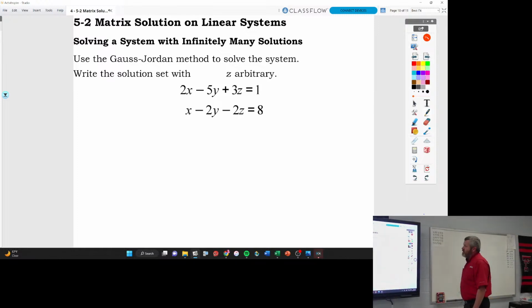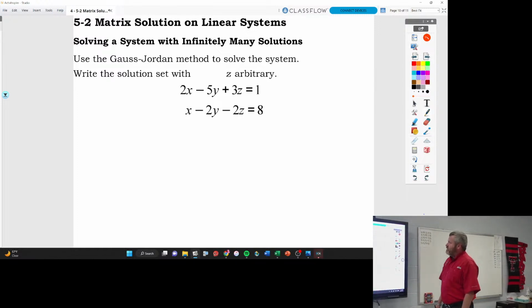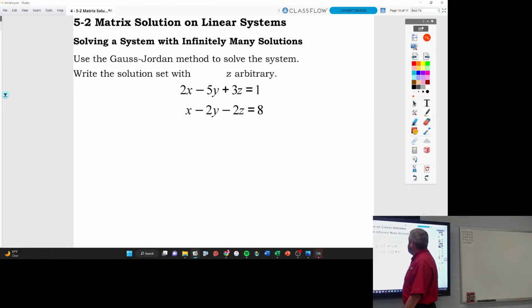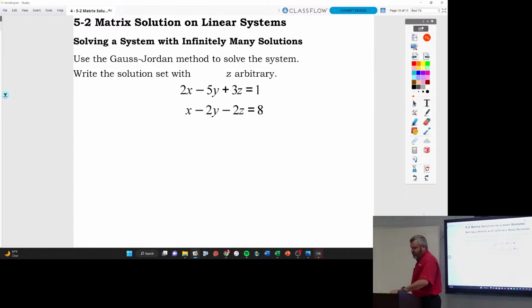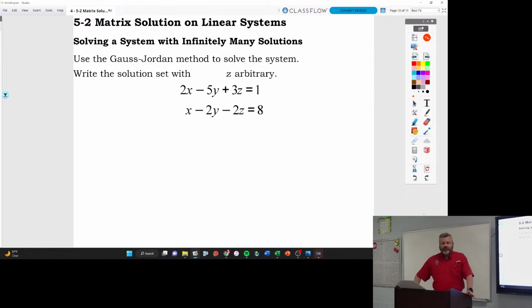Use the Gauss-Jordan method to solve the system. Write the solution set with z arbitrary. Okay, so here's the deal. If I need to solve for 3 variables, I have to have 3 equations. This is only 2. You can't solve for 3 variables with only 2 equations.